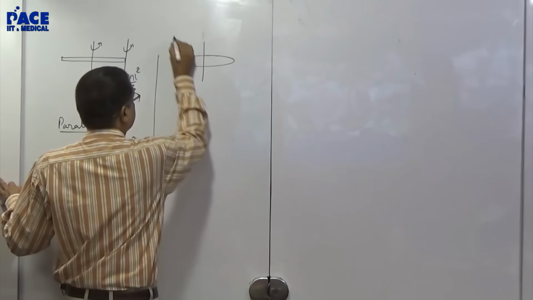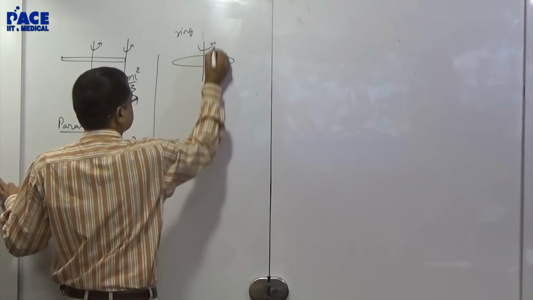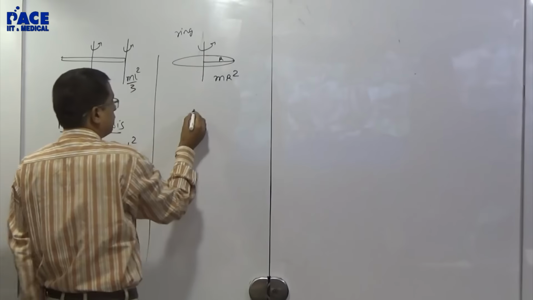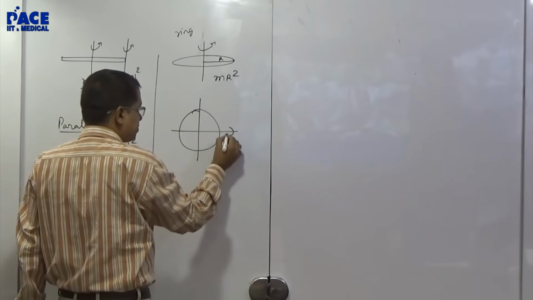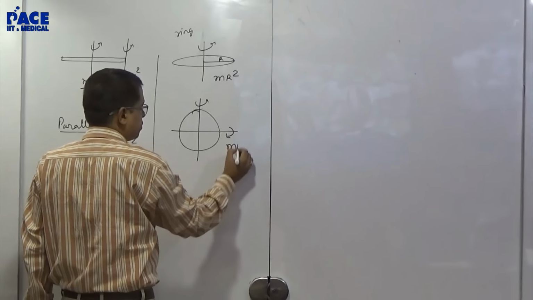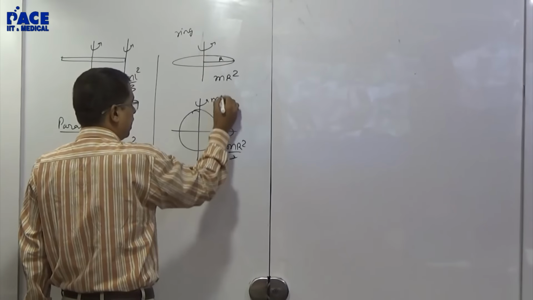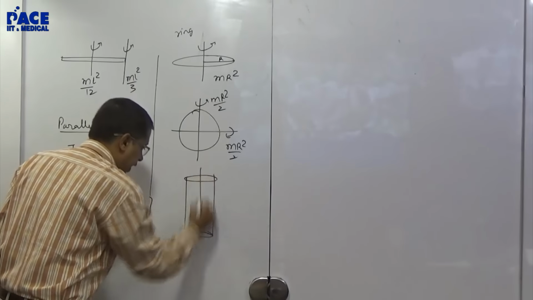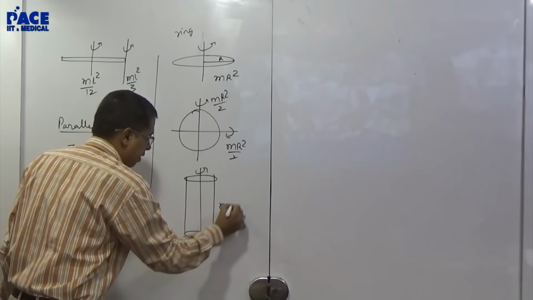For a ring, this is mr square. About an axis, x-axis or y-axis, it is mr square by 2. For a hollow cylinder, about this axis will be mr square.